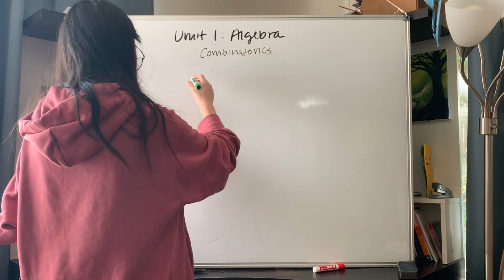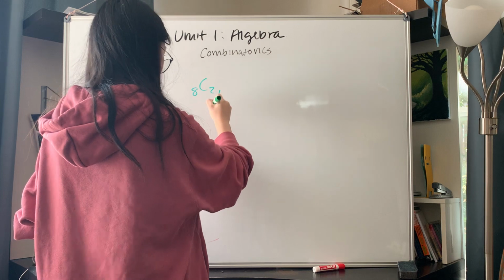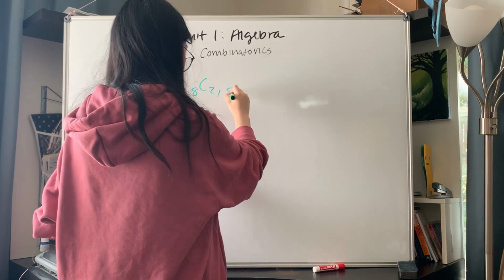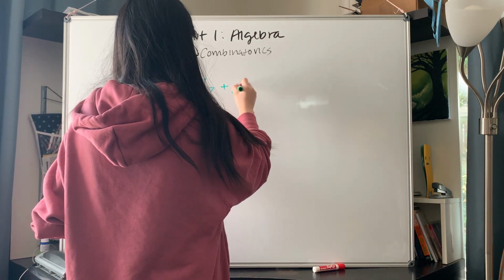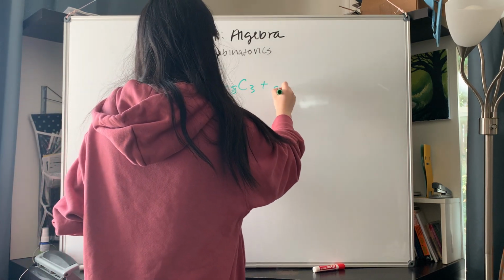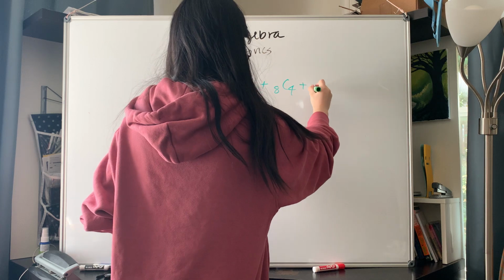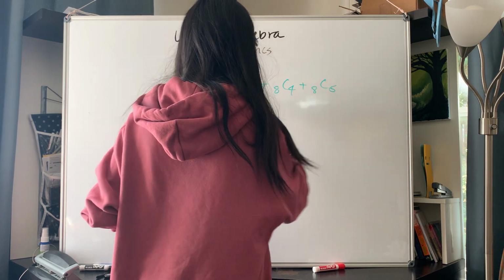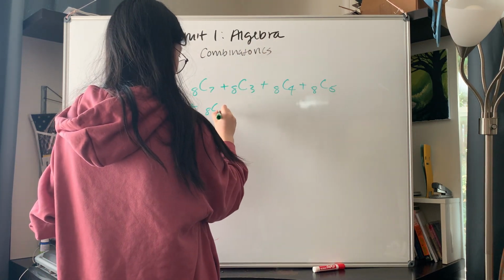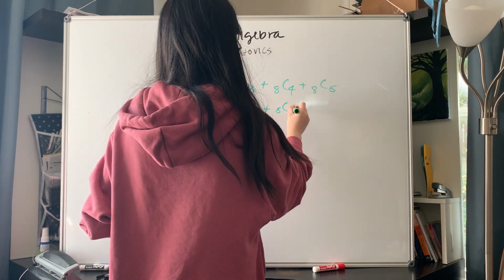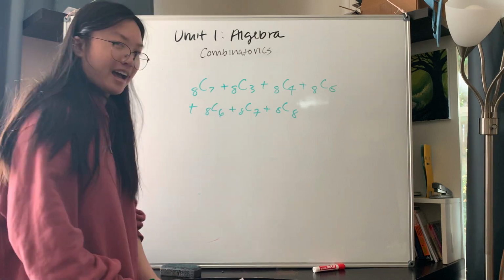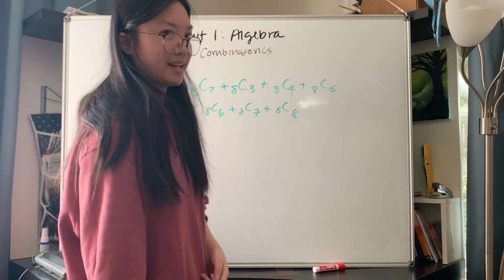So that would be 8 choose 2 heads, plus 8 choose 3 heads, plus 8 choose 4, 8 choose 5, plus 8 choose 6, plus 8 choose 7, plus 8 choose 8.